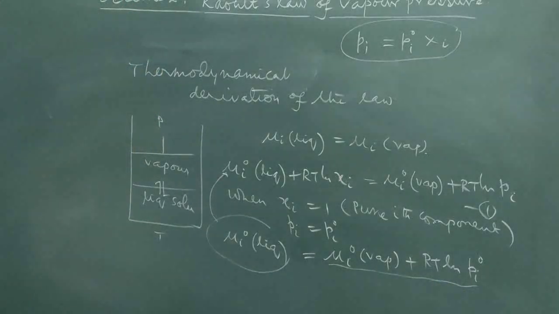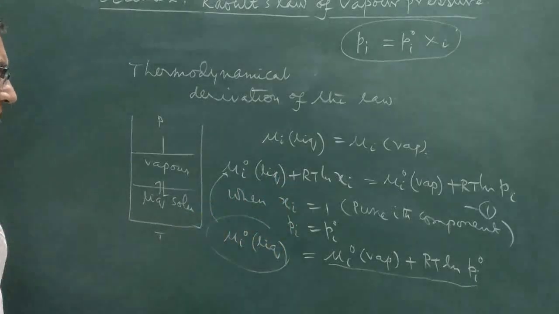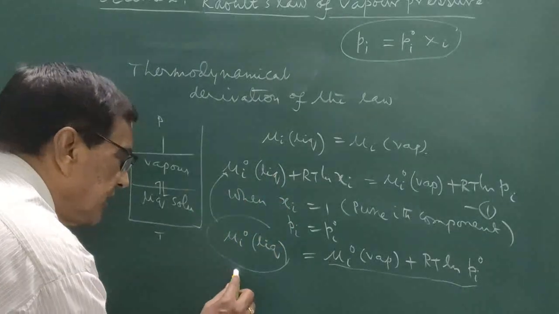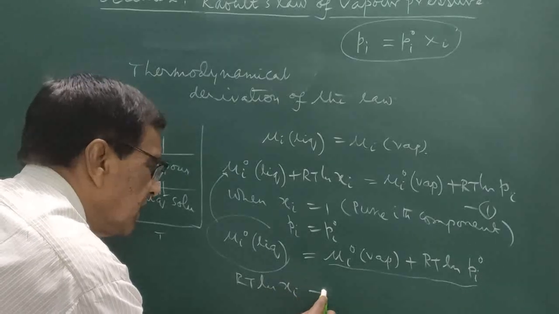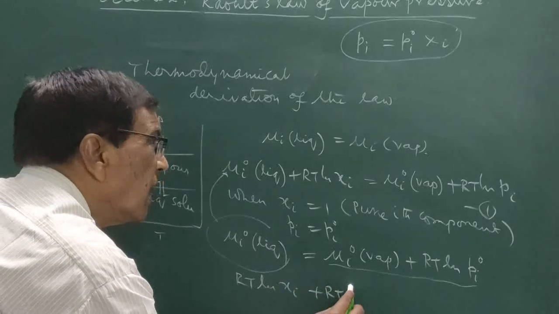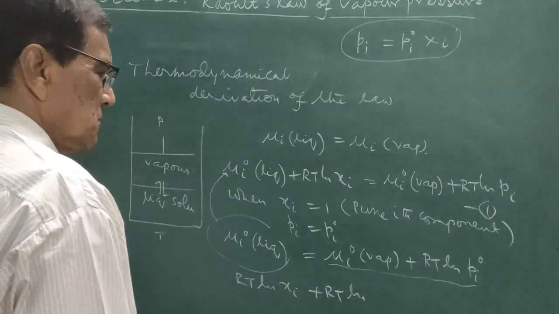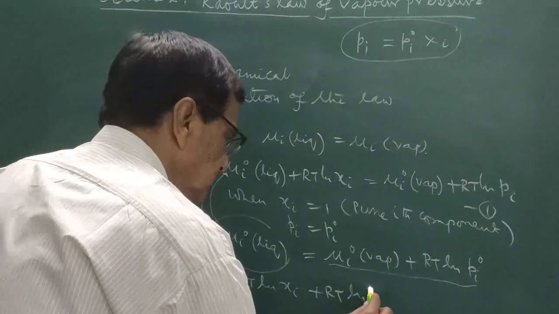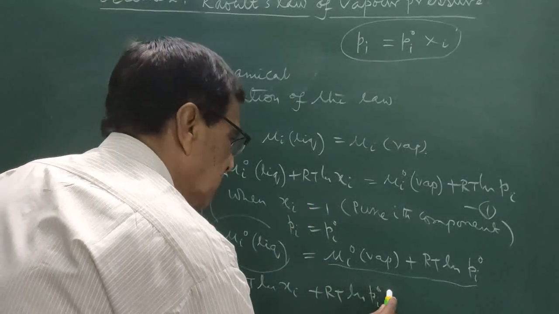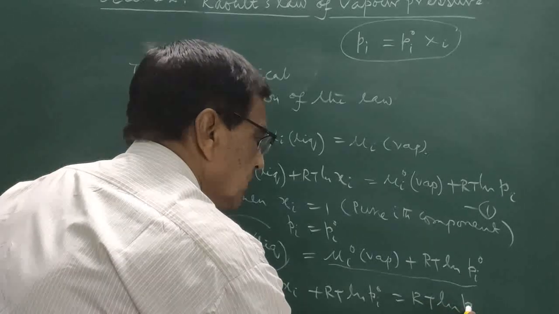then this one will be cancelled and it becomes RT ln xi plus RT ln Pi naught equal to RT ln Pi.